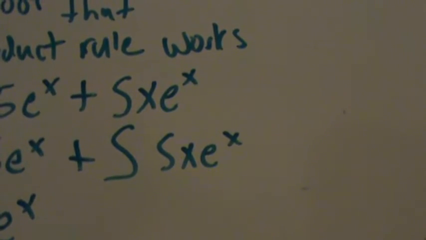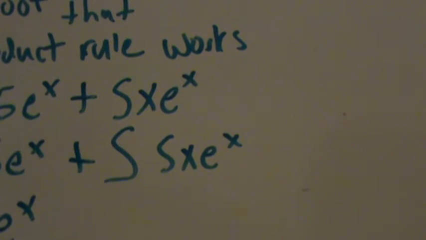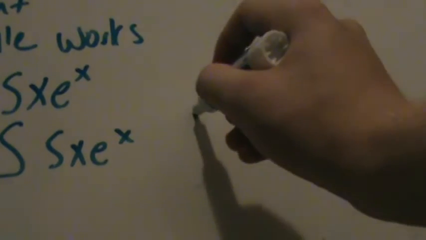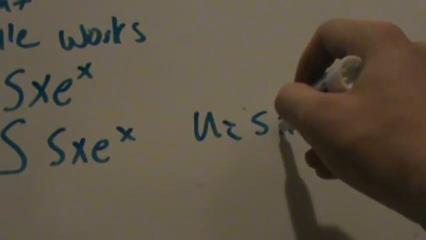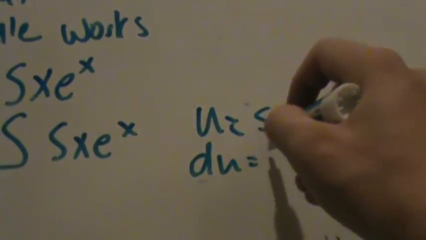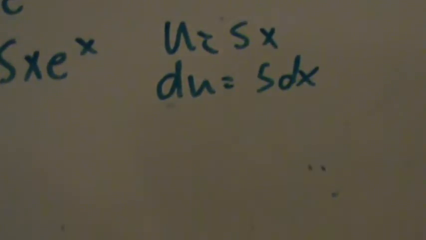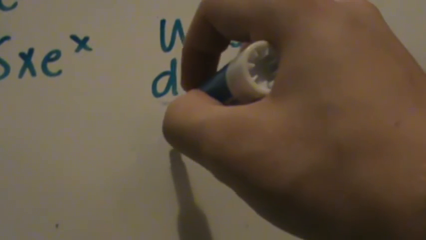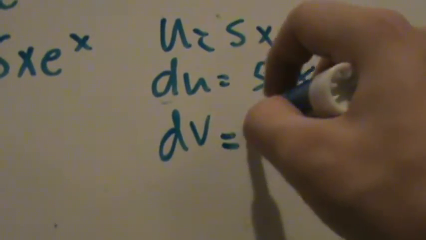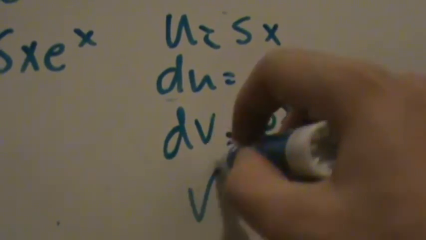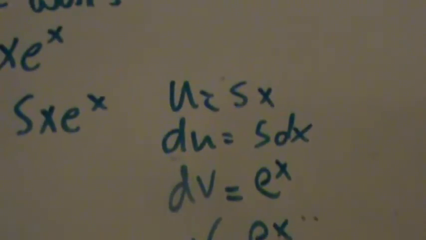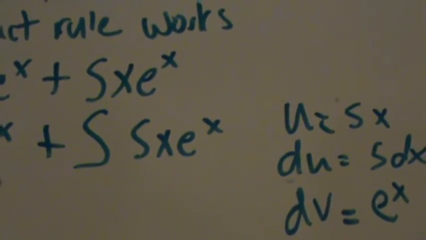So what are we going to have to do? Basically, we're going to have to say that u is equal to 5x, du is equal to 5 dx, dv is equal to e to the x, so v is equal to e to the x. Now let's do our integration by parts formula.